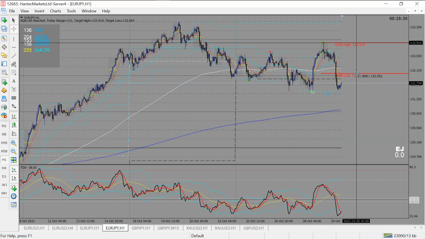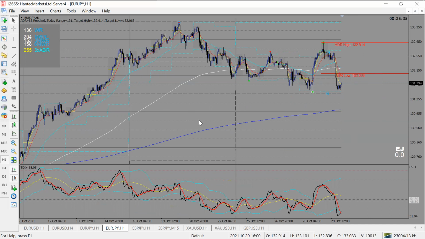We have roughly 86 pips. So 3x ADR has to do with daily range times 3. And when it gets to that, there will be a point when the market will retrace.